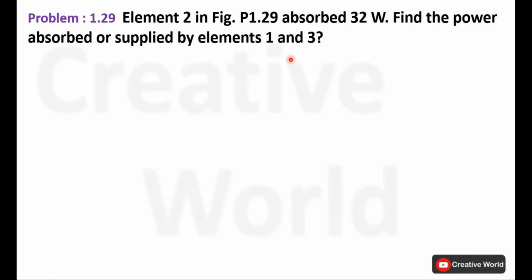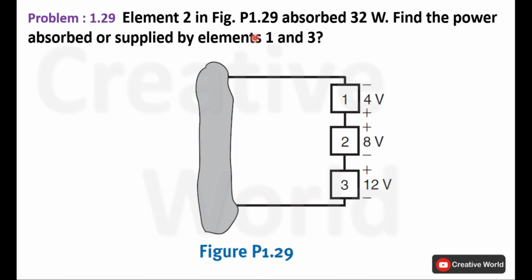First, read the scenario. Element 2 in figure 1.29 absorbs the power of 32 watt. Find the power absorbed or supplied by element 1 and 3. Three elements 1, 2 and 3 are connected in series with their corresponding voltage shown here, and the element 2 power is also given in the scenario, which is 32 watt, and this power is being absorbed by element 2.